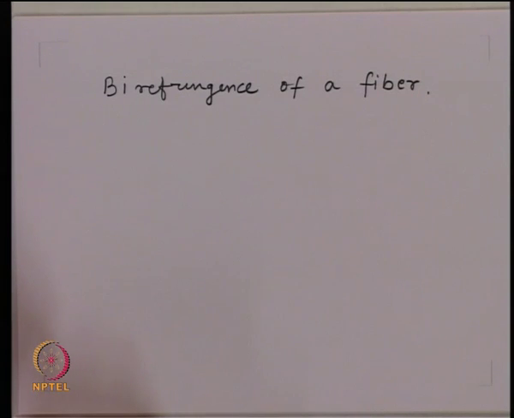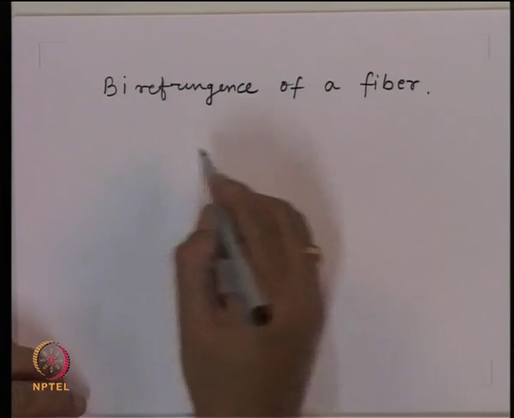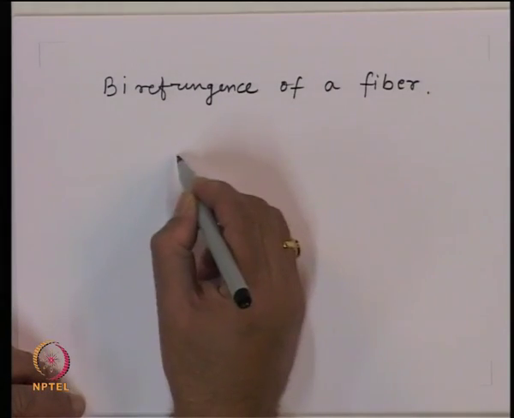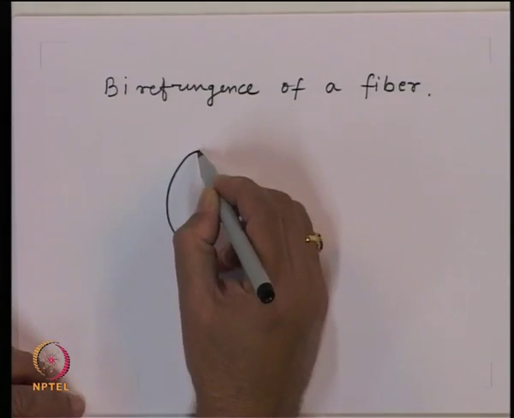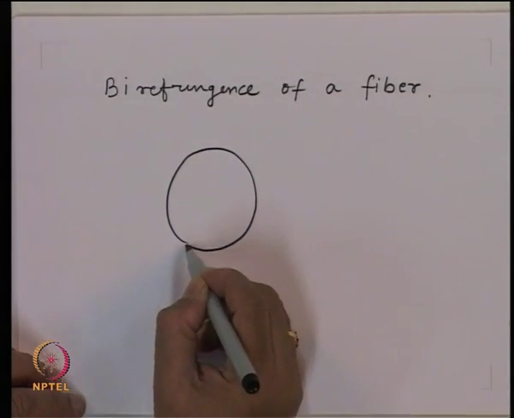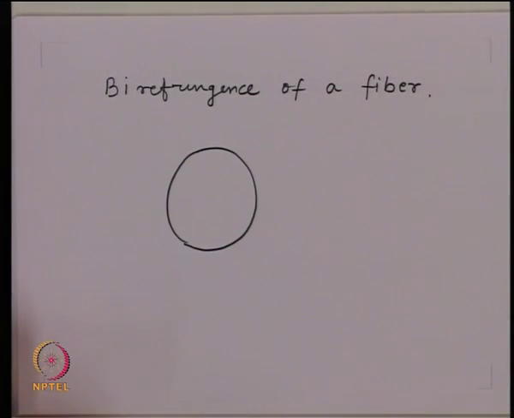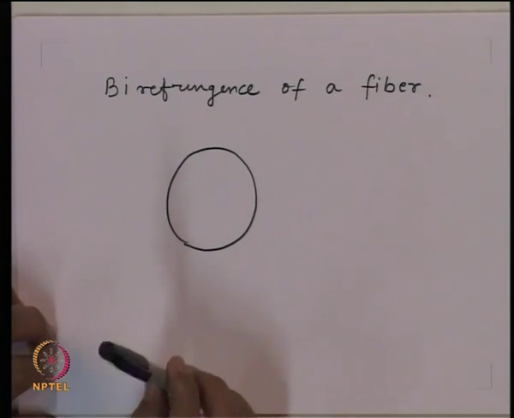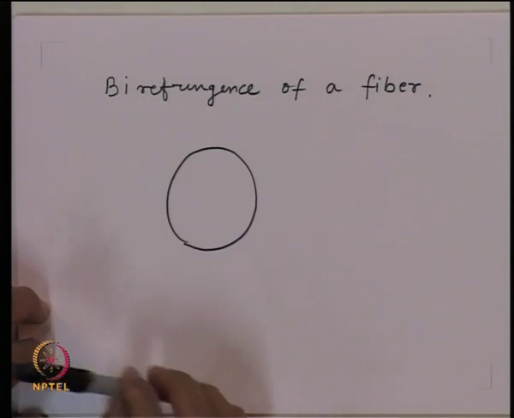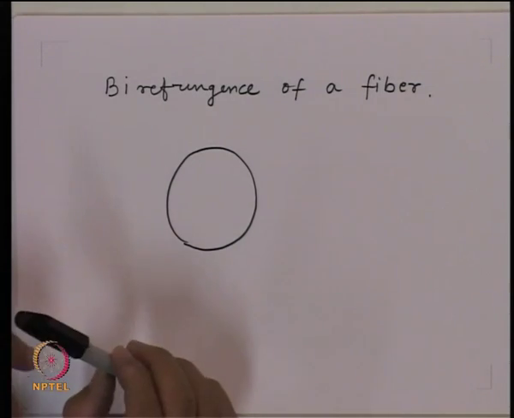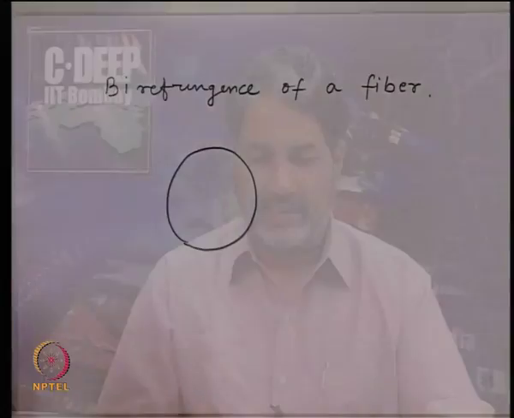And this quantity is defined as follows. We have seen that if you consider the optical fiber with a core which is absolutely circular, then we can launch light which is linearly polarized, which can be decomposed into two orthogonal polarizations.